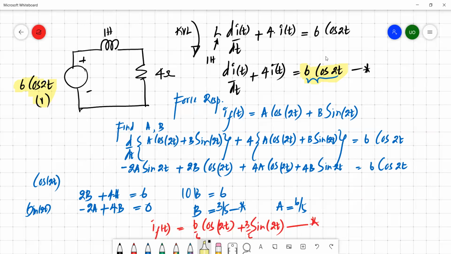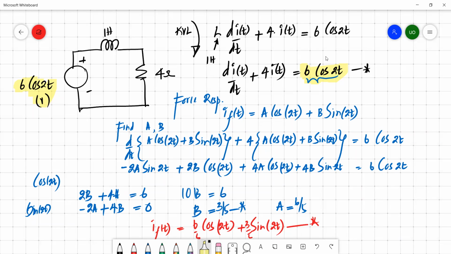If you are asked to evaluate the force response, we know that the force response should be aligned with the force term. So according to the force term, we can propose a trial solution.